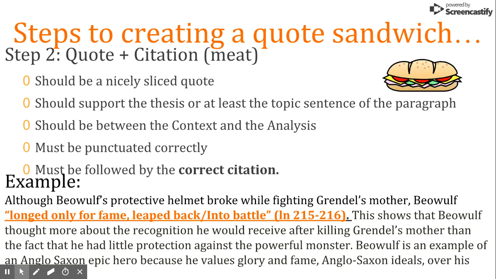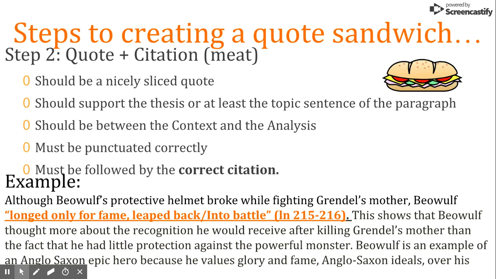So for example, in our example quote sandwich, we have, although Beowulf's protective helmet broke while fighting Grendel's mother, comma, Beowulf, and then the part in orange is actually the quote, "longed only for fame, leapt back into battle" (ln. 215 to 216).